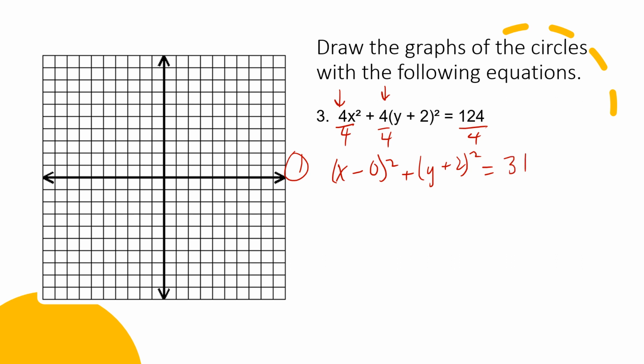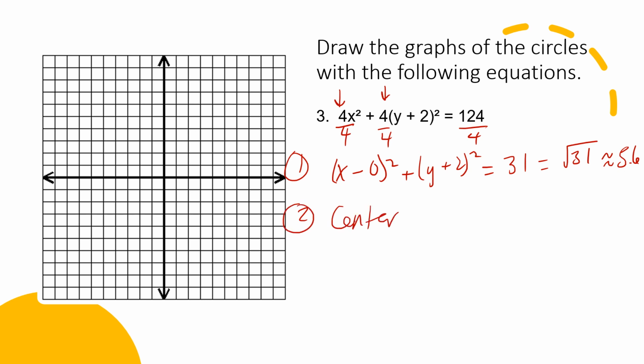So the radius equals the square root of 31. 31 is prime, but in order for us to plot, we're going to have to use the calculator to get an estimated value. So I'm going to plug in the square root of 31, and I'm going to get approximately 5 6/10. Okay, I don't know why I did that part there yet. I wasn't on the radius, but I just got overexcited.